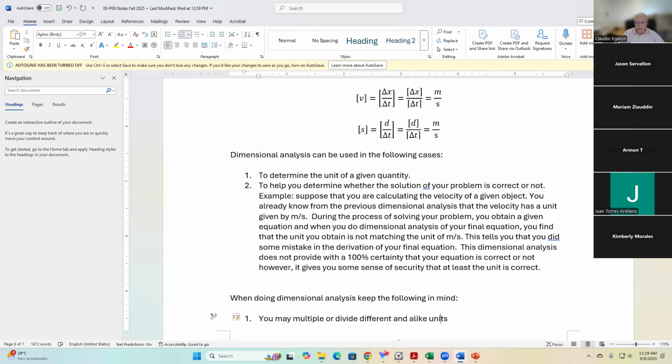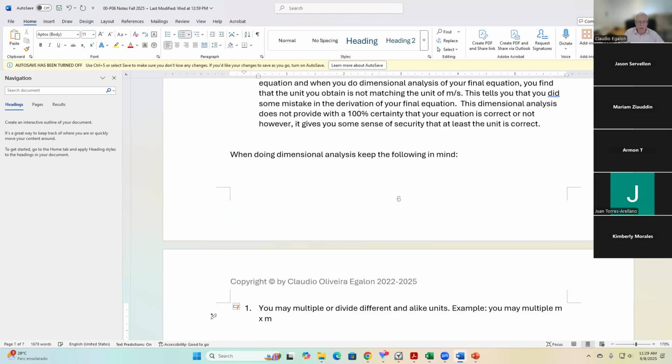What do I mean by that? Example. You may multiply meter versus meter, which results in meter square, which is the unit for area. Okay? You can do that, yes, you can do that. Meter versus meter.